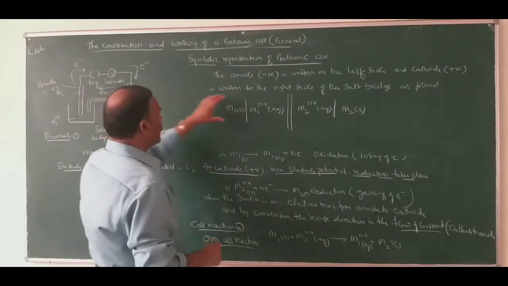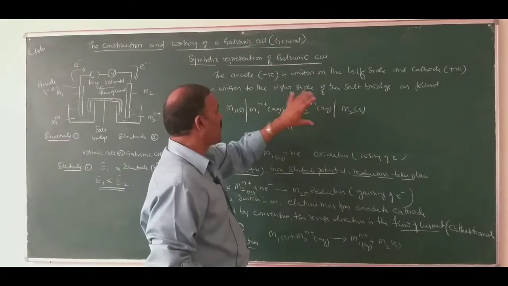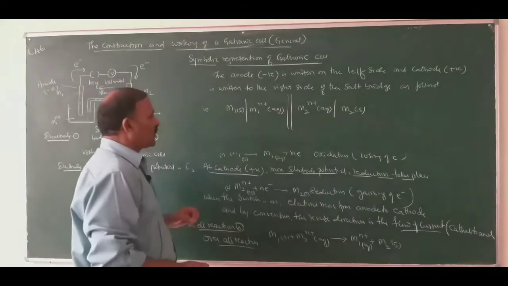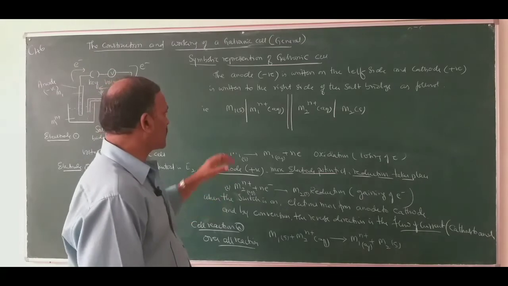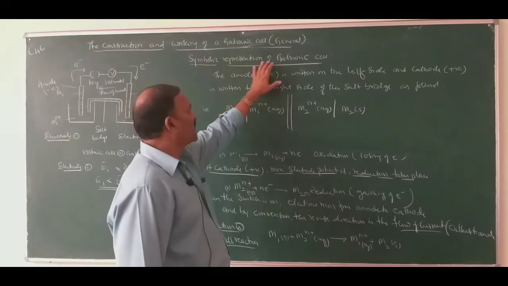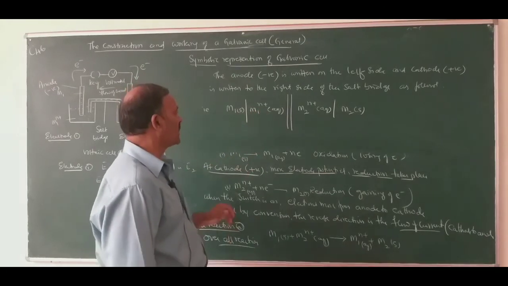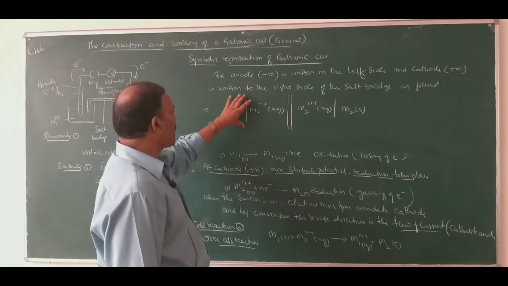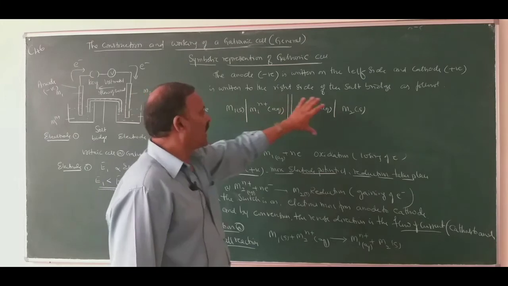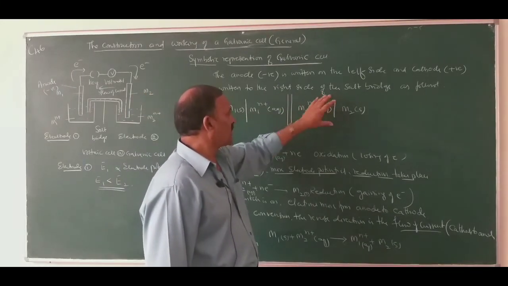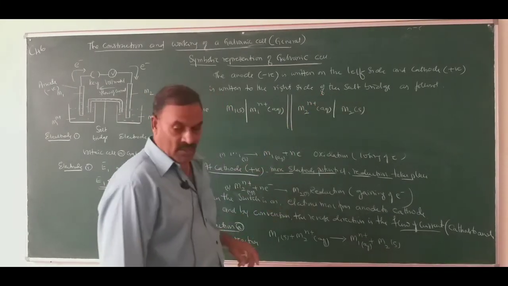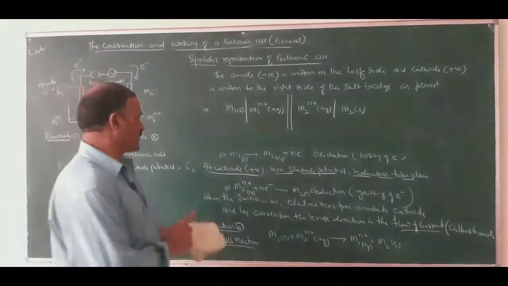This is the anode and this one is the cathode. This is how a galvanic cell is represented. So symbolic representation of galvanic cells: while representing them, you have to write the anode to the left side and the cathode to the right side of the salt bridge.